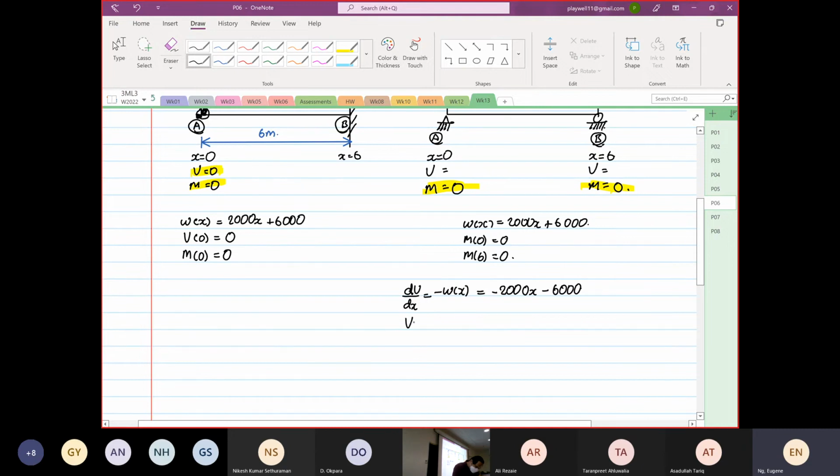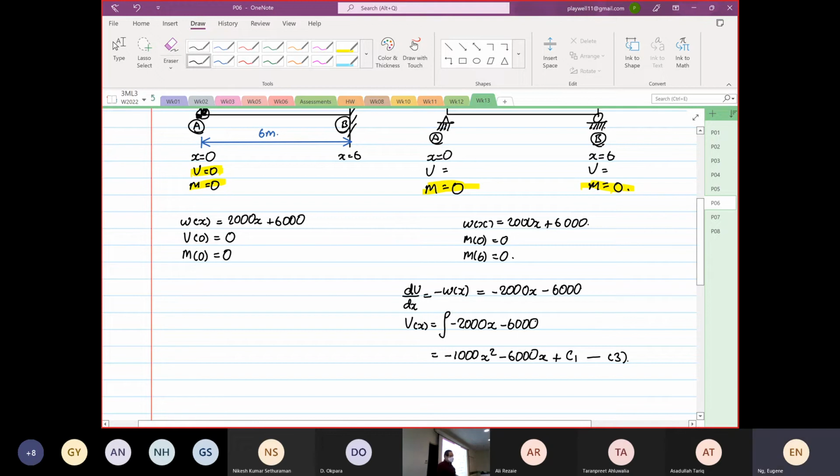So V as a function of x, we're going to integrate minus 2000x minus 6000. When we integrate, we have minus 1000x squared minus 6000x plus C1. This is our equation number 3.